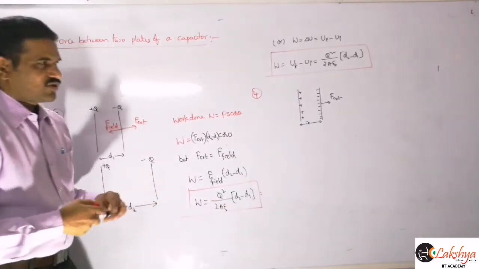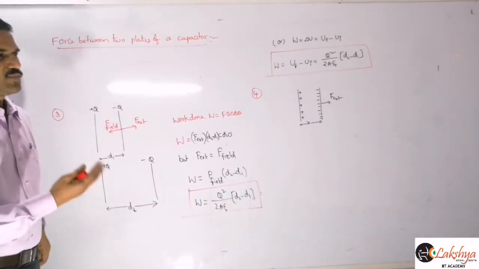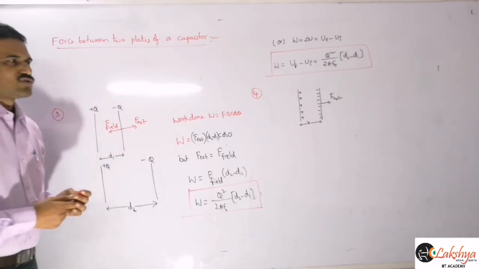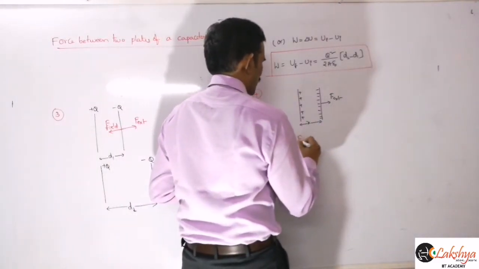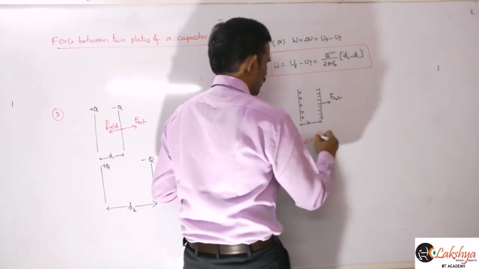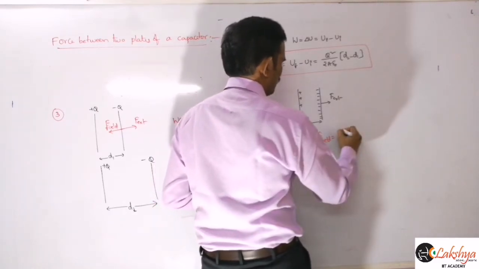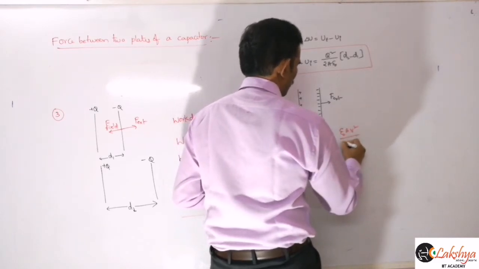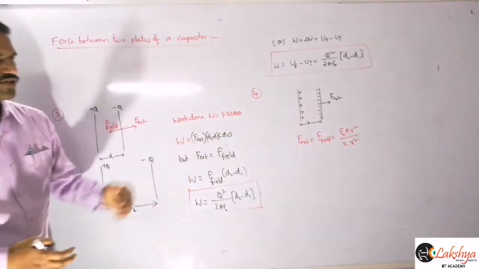When the potential difference remains constant, the force will depend on the distance. So F external is equal to F field, which is given by epsilon naught A into V square by 2 into x square, where the separation is taken as x.